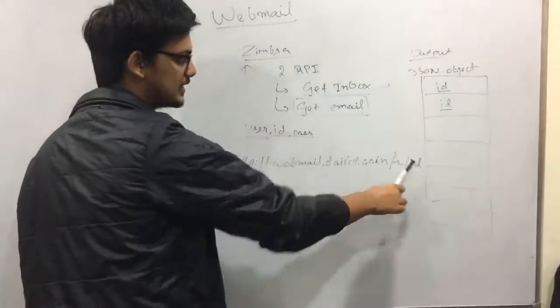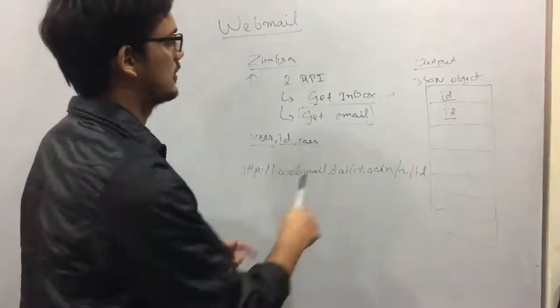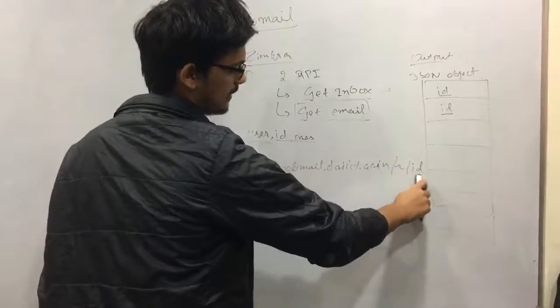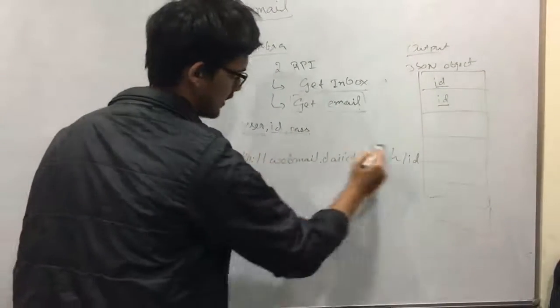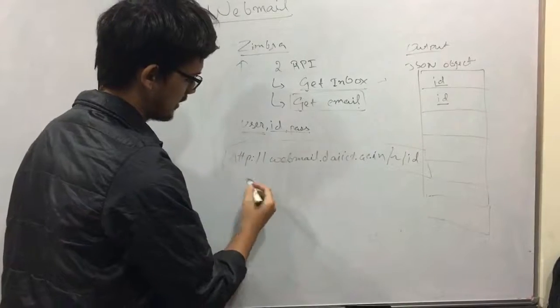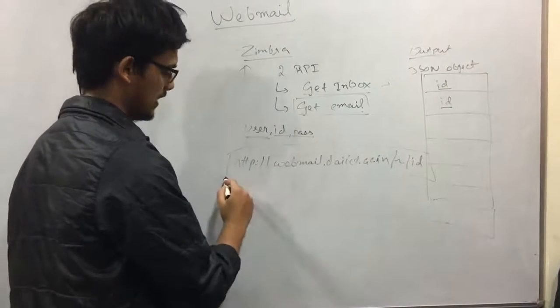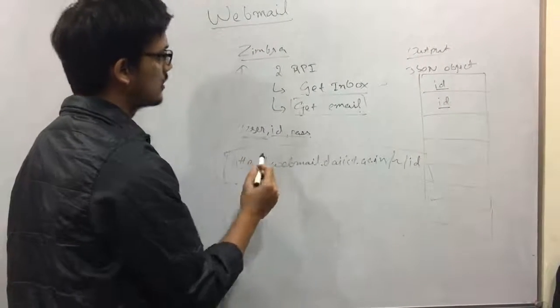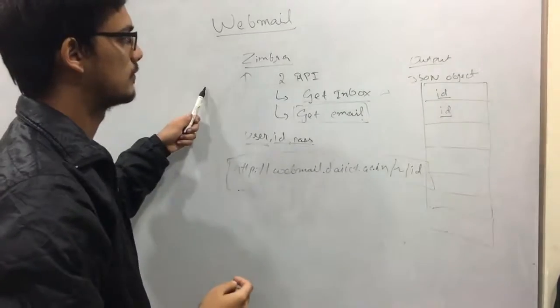Now this ID tells the Zebra server that I am looking for this particular email having this ID. So when this email is returned, I can again write another test case to check if the email is correctly returned. So this is the functionality of the webmail module.